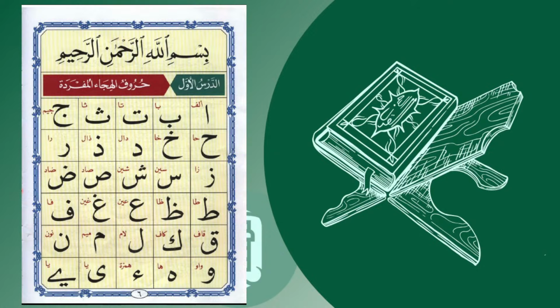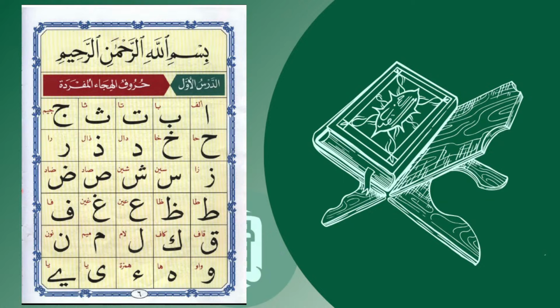Ha. Kha. Dal. Dhal. Ra. Za. Sin. Sheen. Use your finger to follow as you're saying it with your tongue. Use your finger to indicate what your tongue is saying. It improves your eye to mind coordination, eye, mind, and tongue coordination when you do that.